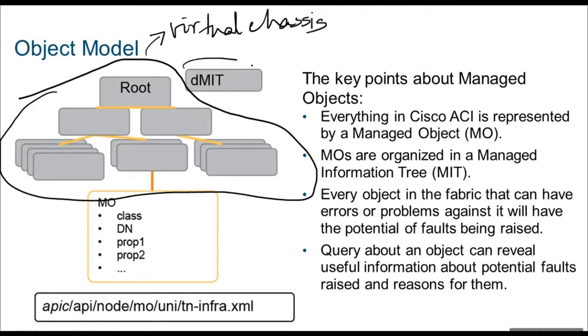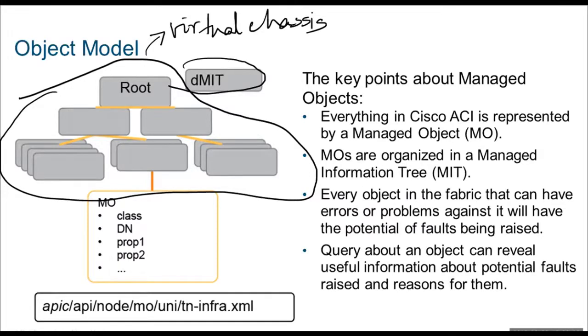So this is your source of truth. Every change that you configure, every piece of operational information, any time you interact with the fabric, I believe it's always interacting with this tree, whether you're programming it, using the command line, or the GUI.